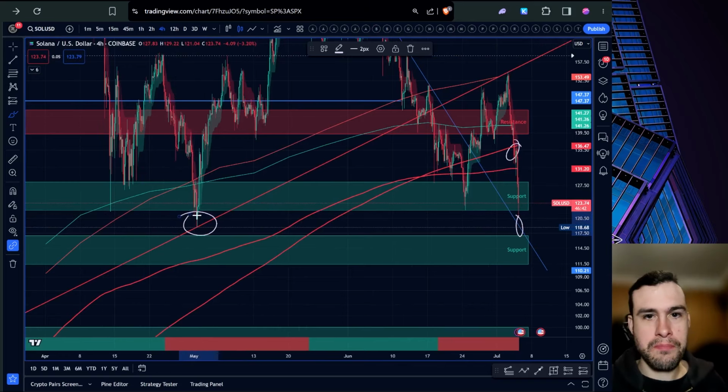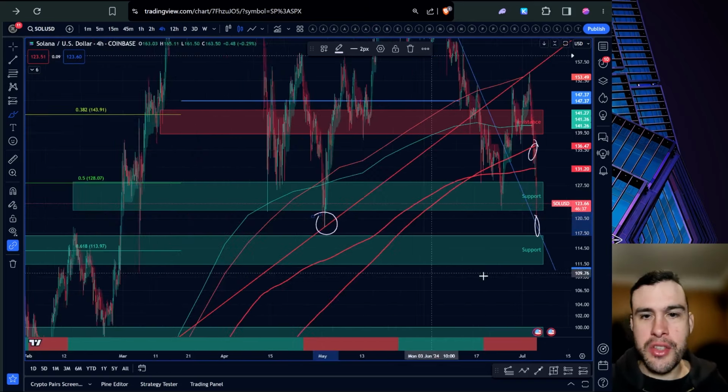So we're potentially at those levels again. So the support here is for this entire expansive move. That's the 618, which is 114, which is down here, essentially. So if we get a bounce here and then somehow get rejected again and make another way down, that would be another test of this trend line. It's looking pretty crazy. I don't know. I think a lot of bullish sentiment is being really shaken right now, to be honest.